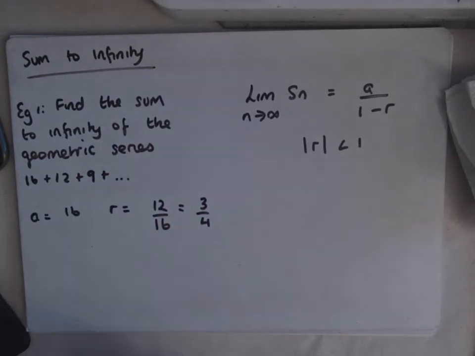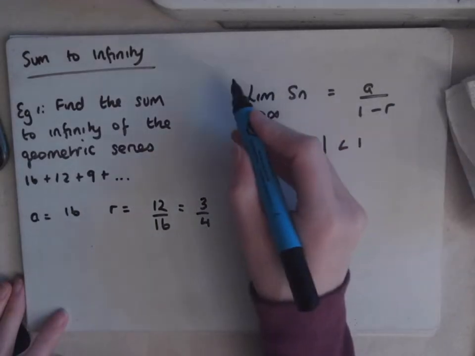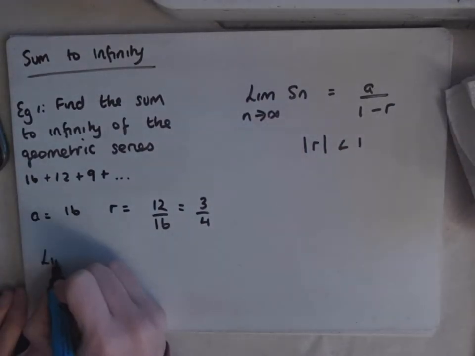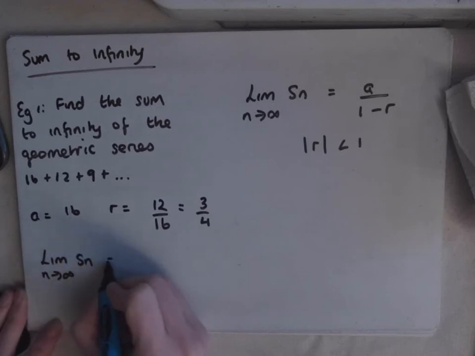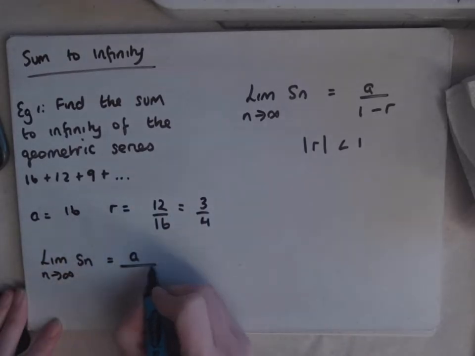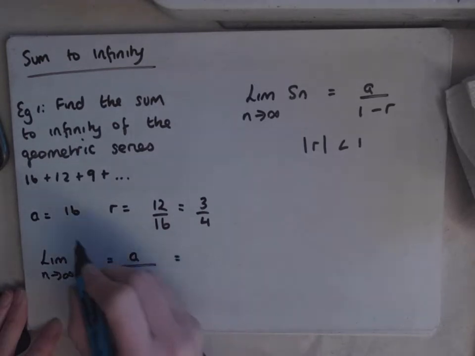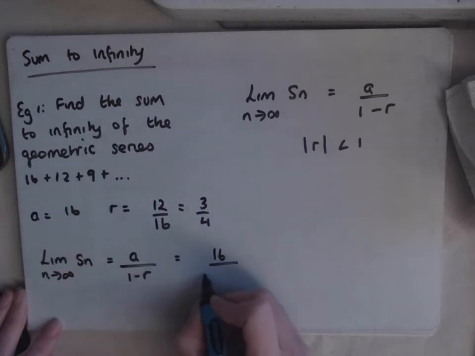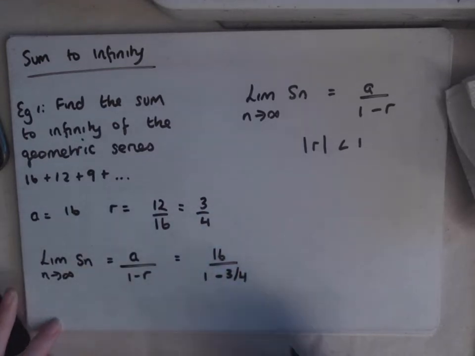Now, to find the sum to infinity, what you're going to do is this. The limit as n goes to infinity of Sn is a over 1 minus r, so that is 16 over 1 minus 3 over 4.